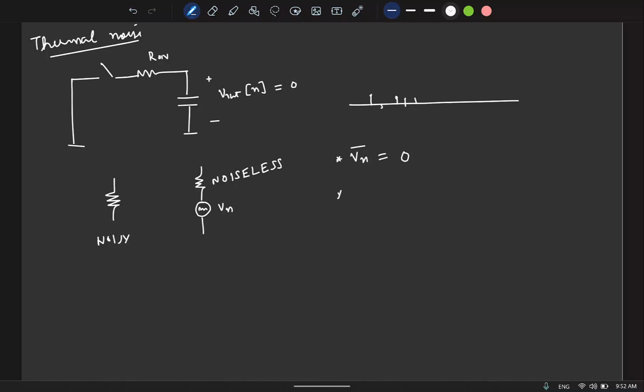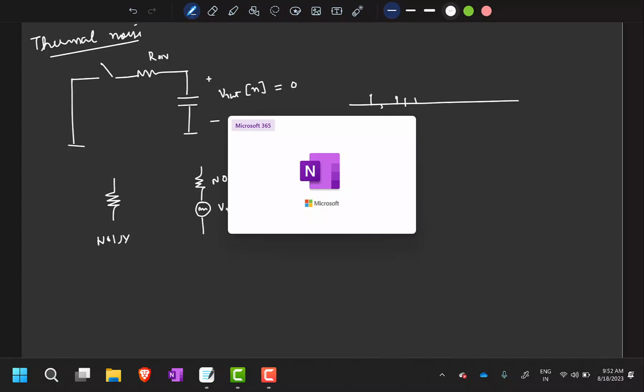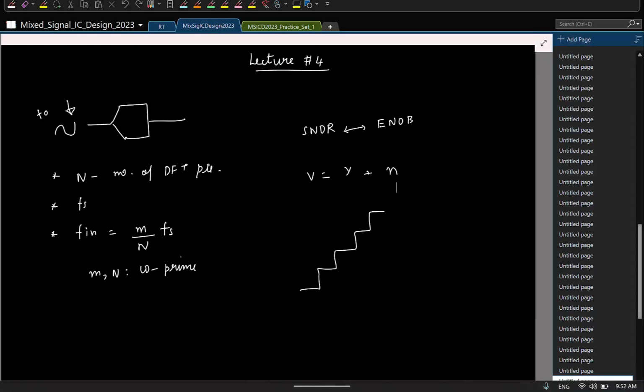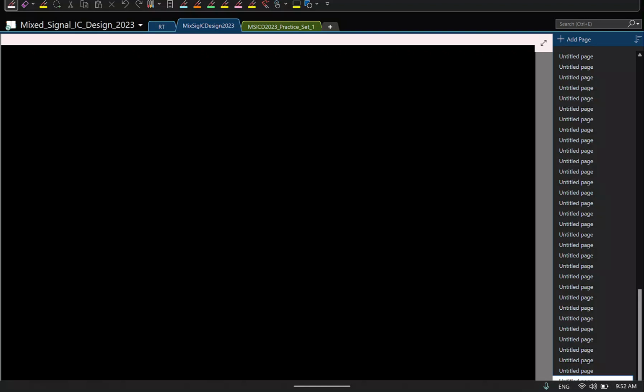Second is the power spectral density. Again, this can be proven, but I'll just give the result. Okay, mean is 0.